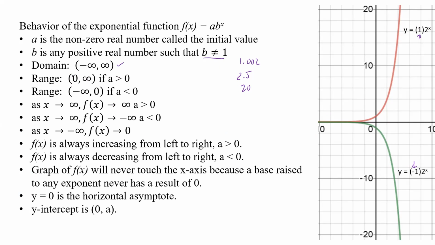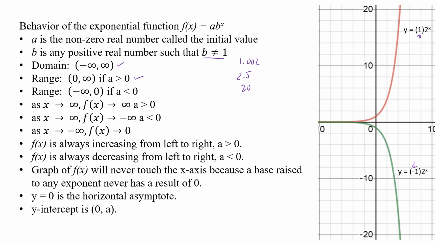Not going to include 0, but it's going to get close to 0. And that's for a greater than 0, and it's going to be from 0 to negative infinity for those. And so our range, it's going to be 0 to negative infinity, but it's negative infinity to 0 if you think about it, going that way.